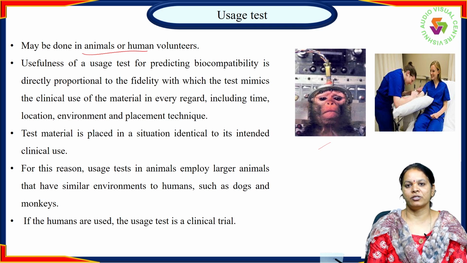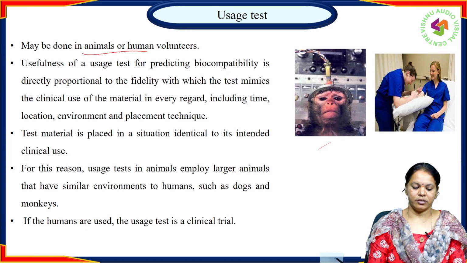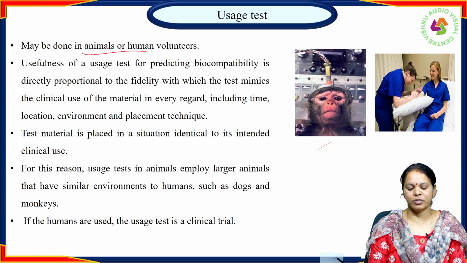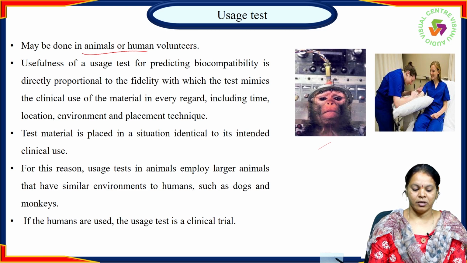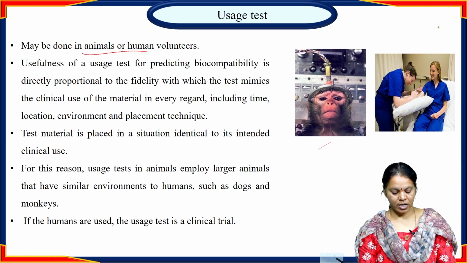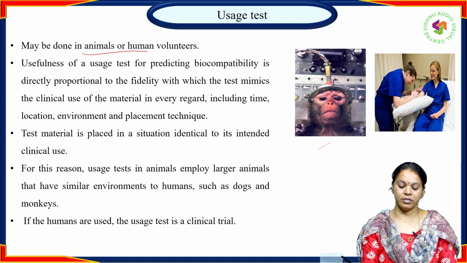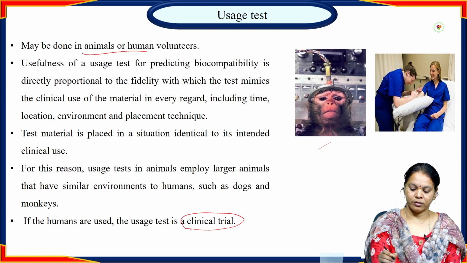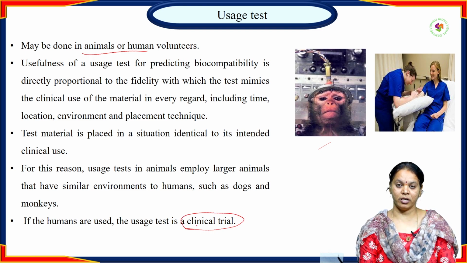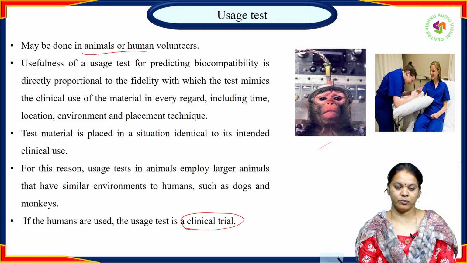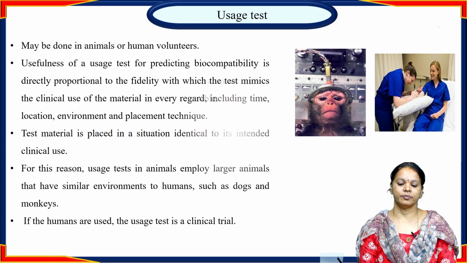Exactly the same application will be done in this test. For this reason, usage tests in animals employ larger animals such as dogs and monkeys, and humans are used for these usage tests, and such tests are called clinical trials. So if a human is involved in the usage test, then those tests will be called clinical trials.